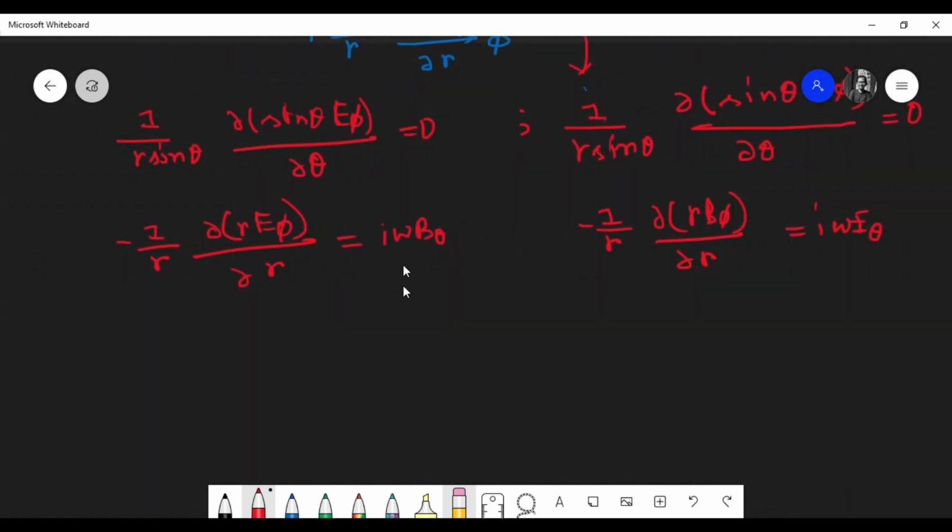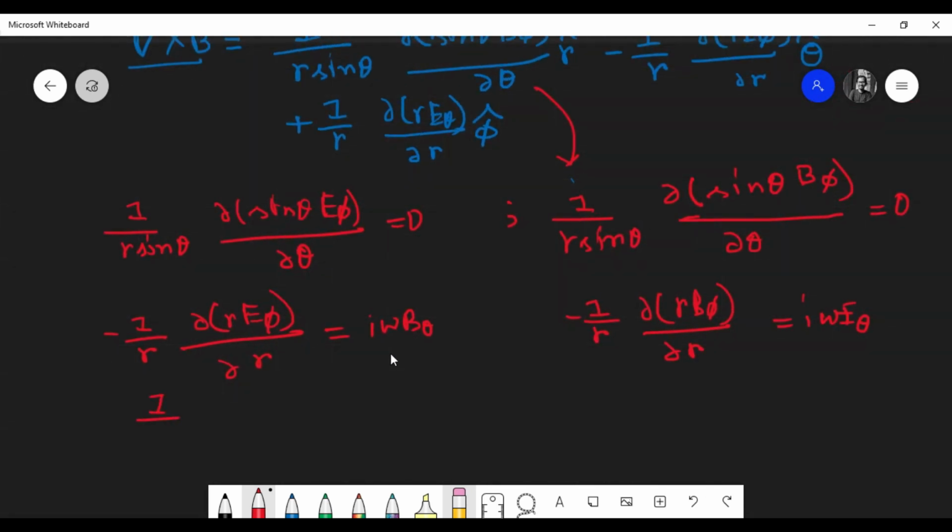Now, about the phi component, it will be like this. I omega B phi, and in case of the magnetic field, it would be like this, r B theta.